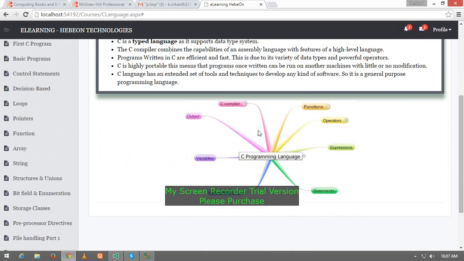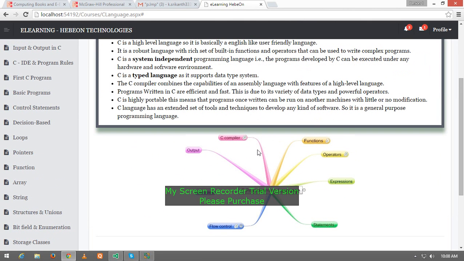If we see the important things that are present in C programming language, they are functions, operators, expressions, statements, flow control, variables, output, C compiler.